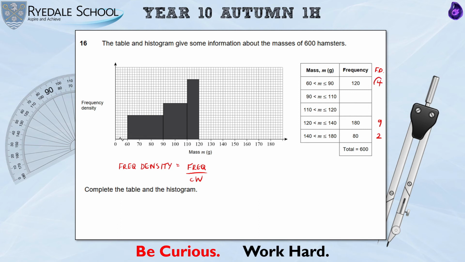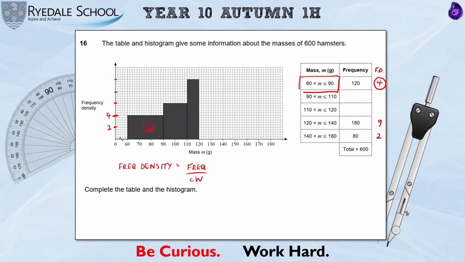Well, now we can work out what this scale is, because this 60 to 90 is this bar here. So that tells me that this height on this scale is 4 there. And just having a quick look, that means that every 5 little squares must be worth 2.